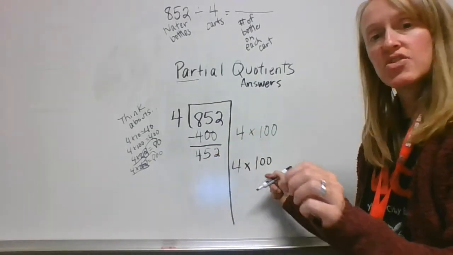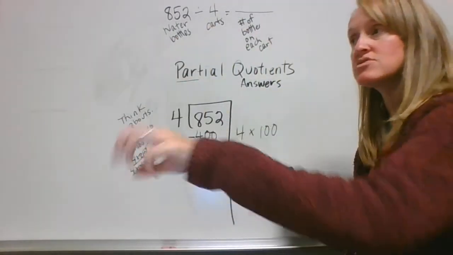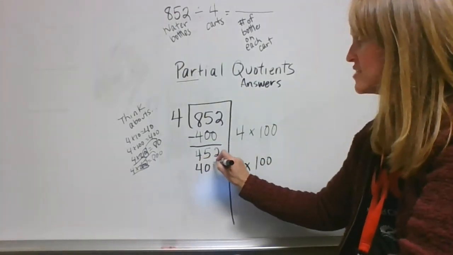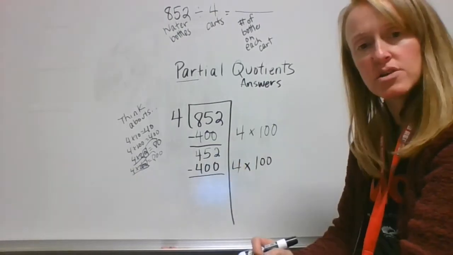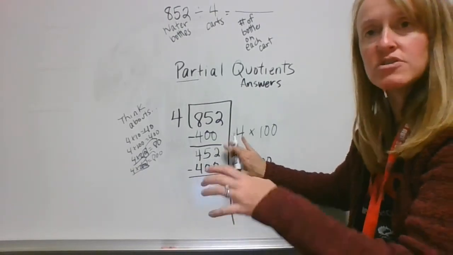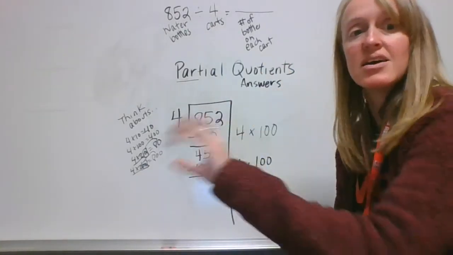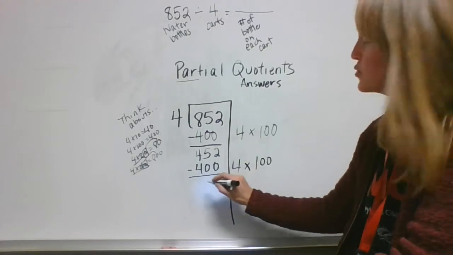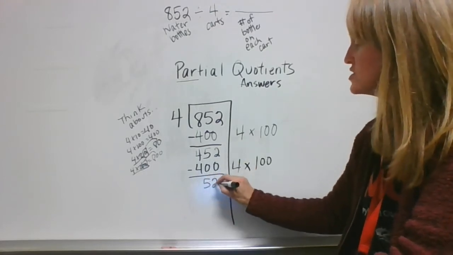I'm writing the total amount that I've now given out to those water carts again. That was 400. I gave each of them another 100. I wrote it underneath the dividend of what was left over so I would know how much I took away and put into those carts already. 452 minus 400 is left with 52.